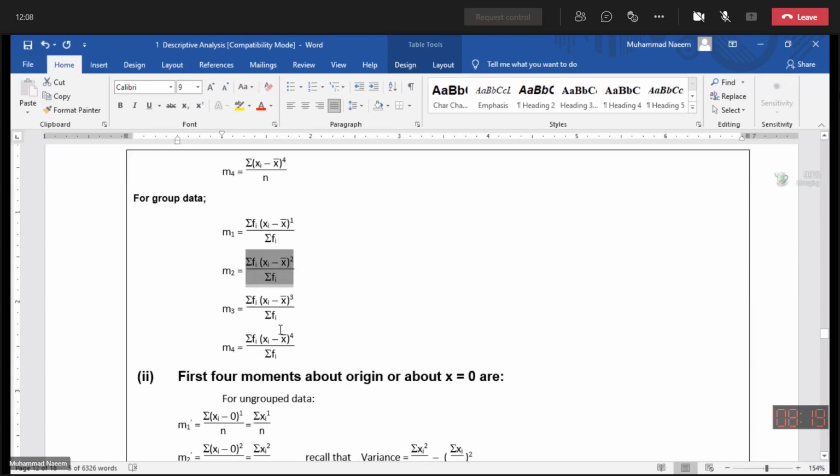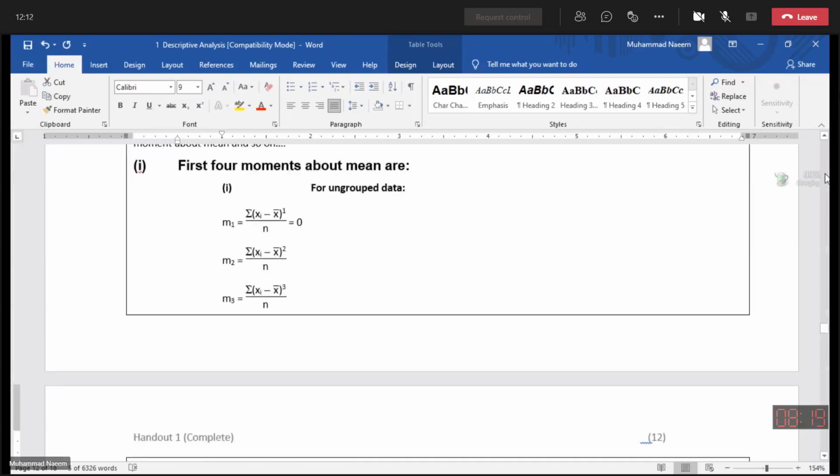Similarly, the other powers. And these moments are also called central moments.